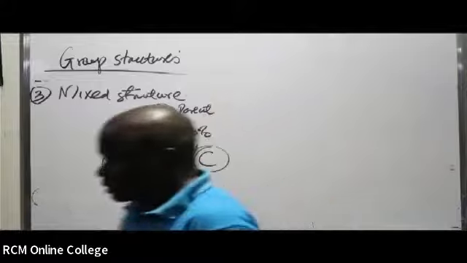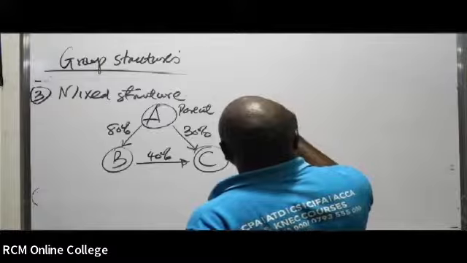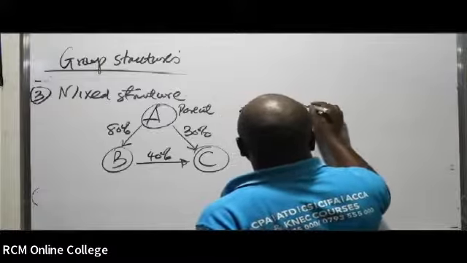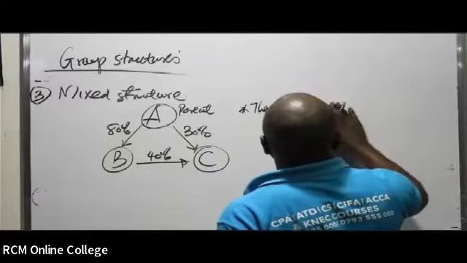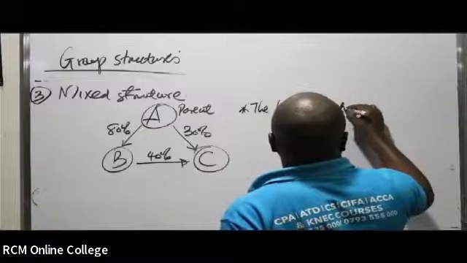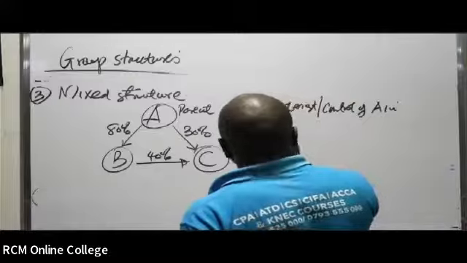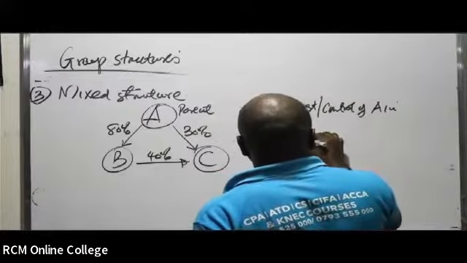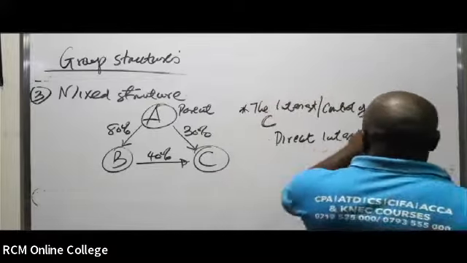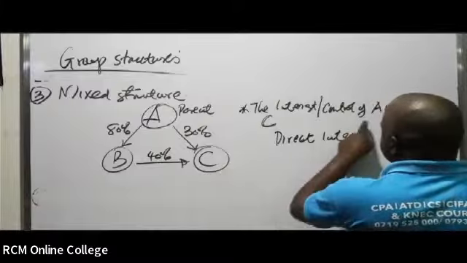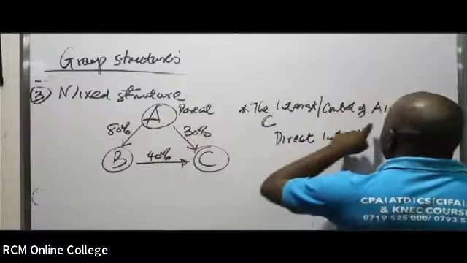So in this case, the interest or control of A in C is equal to the direct interest plus the indirect interest.